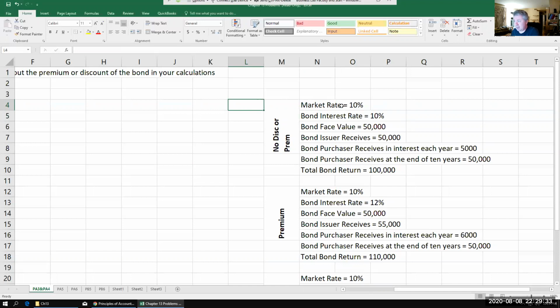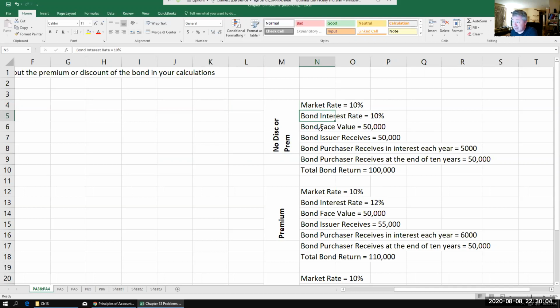In each of these examples, the bond that we're issuing is a 10-year, $50,000 bond.